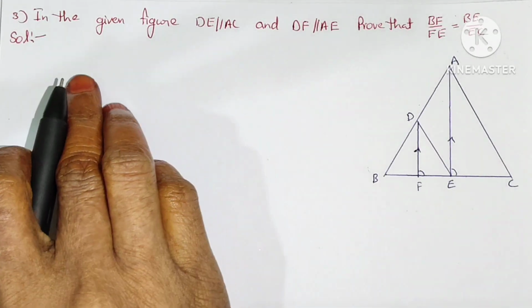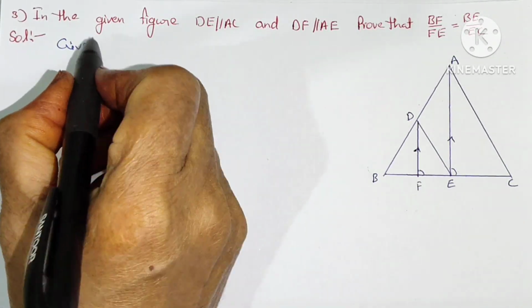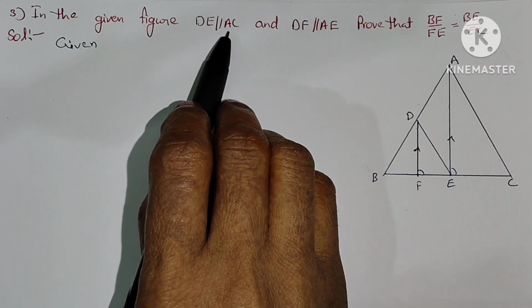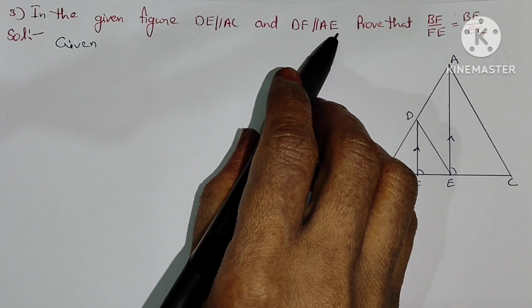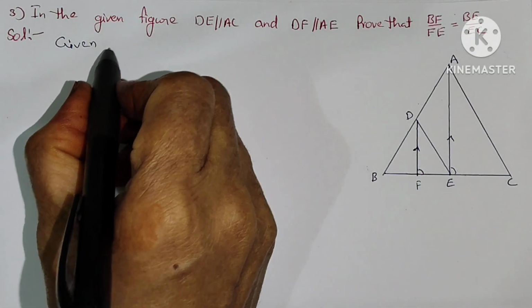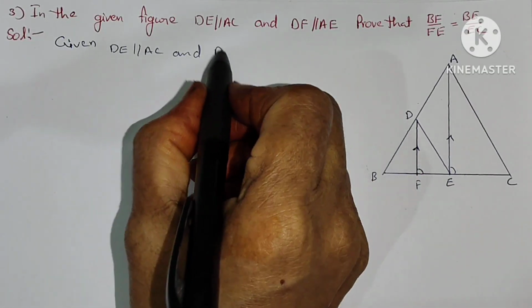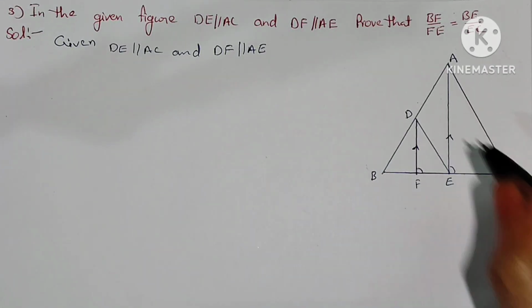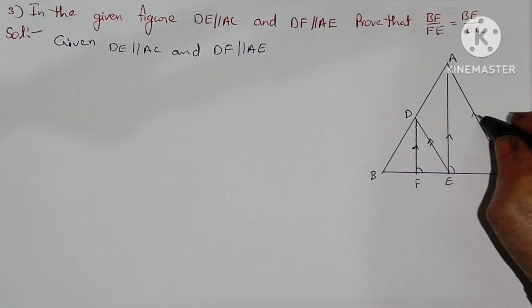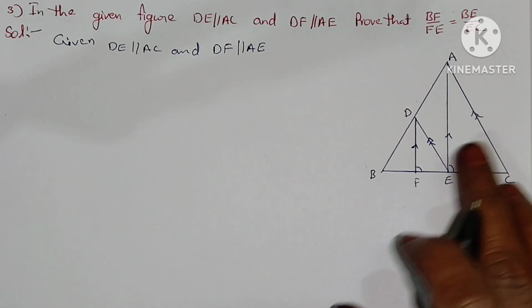First we write the given data. Given DE is parallel to AC and DF is parallel to AE. These two lines are parallel.